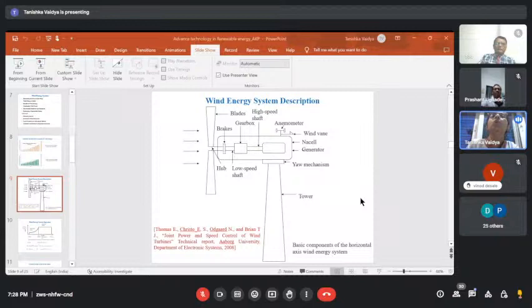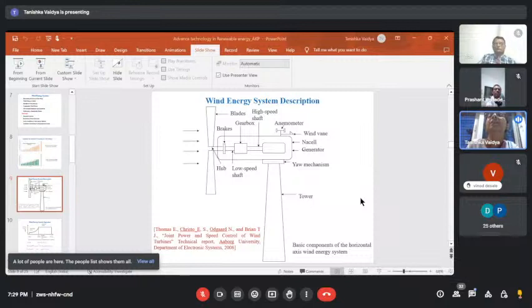So basically the mechanism in a well automated wind energy system is a yaw mechanism, which helps the rotor hub keep its face towards the wind, perpendicular to the direction of the wind.